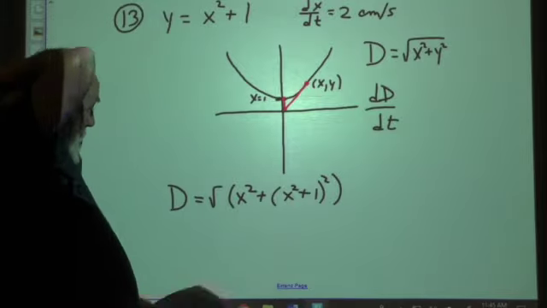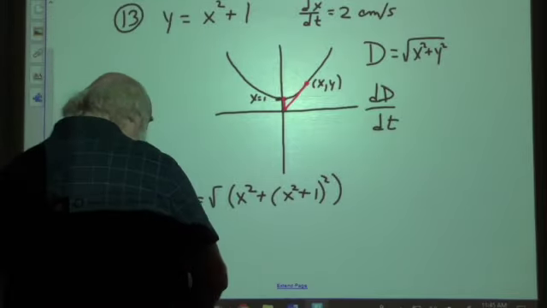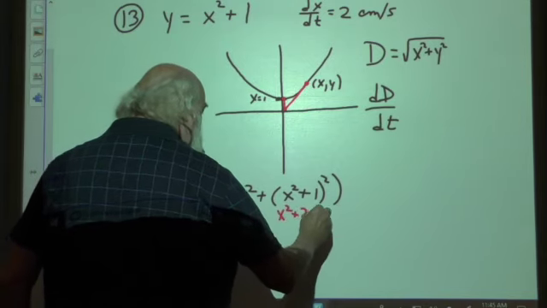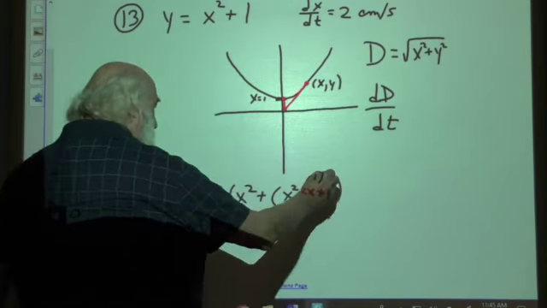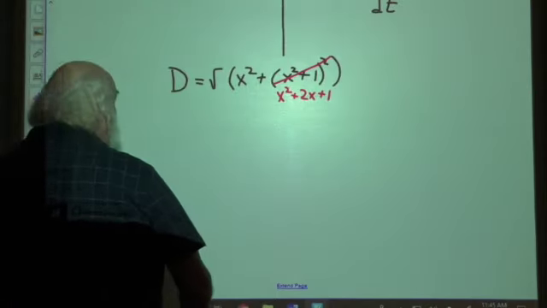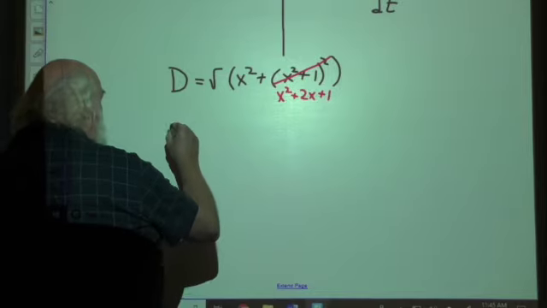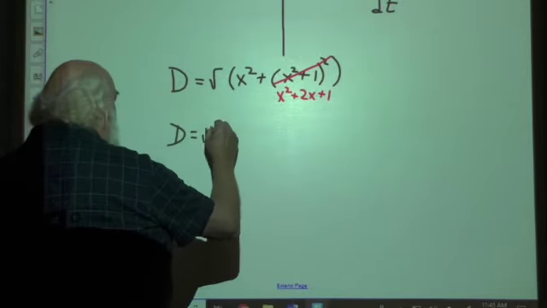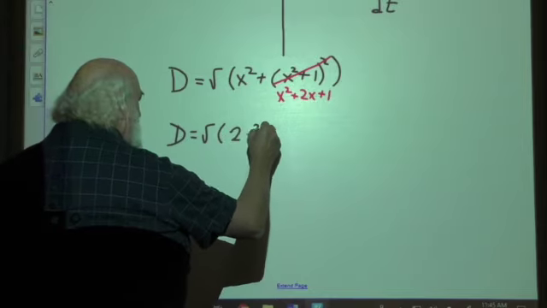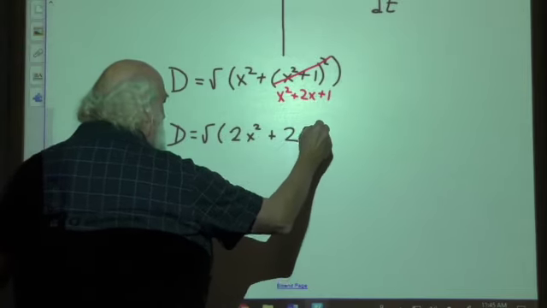Now, I'm going to go ahead and multiply all that garbage out here. This is x squared plus 2x plus 1, and we resolve that. And then I'm going to combine these two together. So that means the distance is the square root of x squared plus x squared, which is 2x squared, plus 2x plus 1.